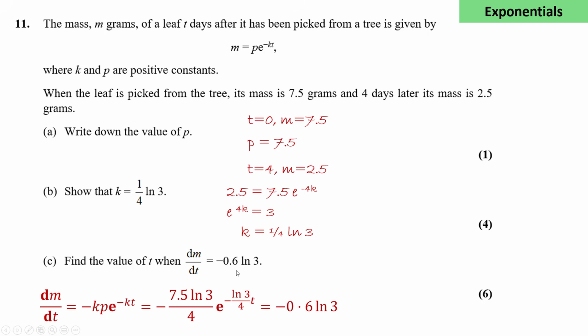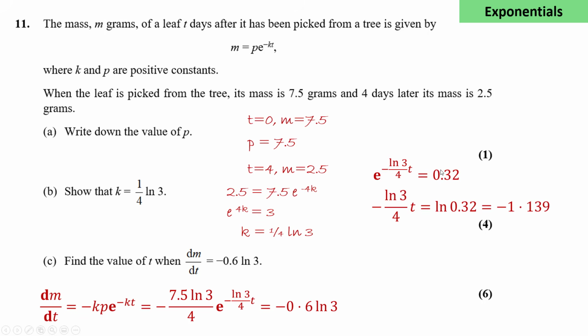We substitute the values for p and k into that expression, and we want to find the value of t when this equals minus 0.6 ln 3. So we've got this equation here in t to solve. We can cancel the ln 3 from both sides and simplify the equation to get e to the minus ln 3 over 4t equals 0.32.